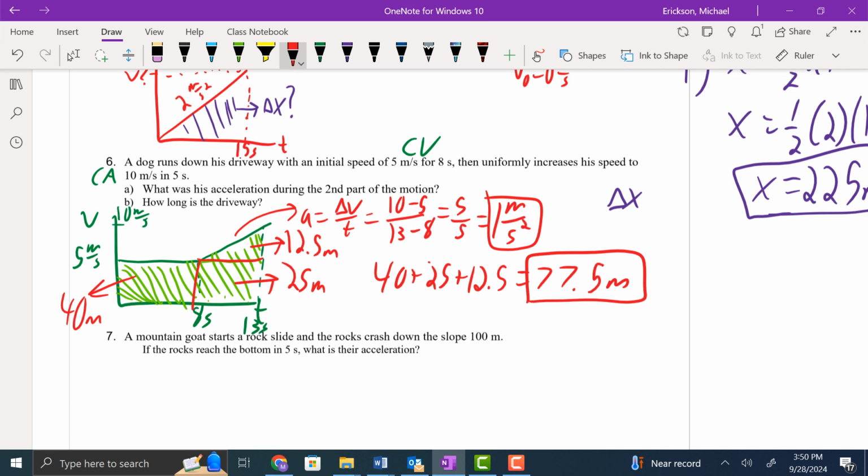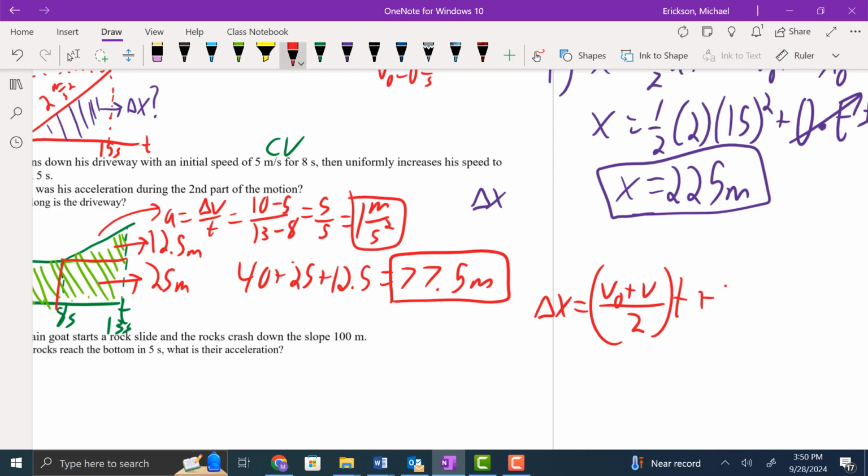All right. Had I not done the graph, what I would have to do is set up a problem, and I basically just have to realize that I'm going to use equation 4. Delta x is equal to v initial plus v final, over 2 times t. So I'd have to use this setup, but I'd also have to remember he ran at v initial times t of the first part.